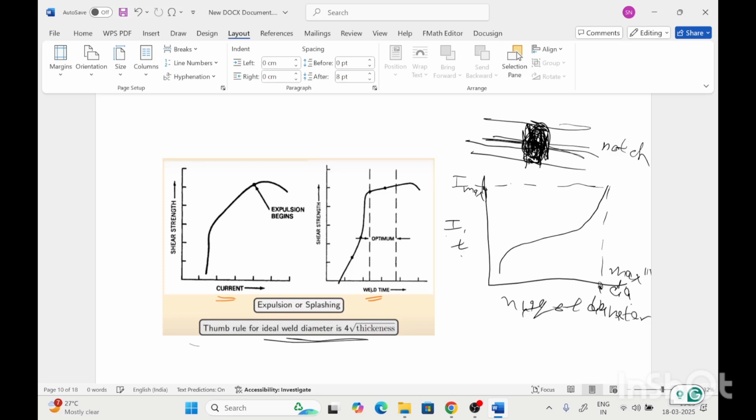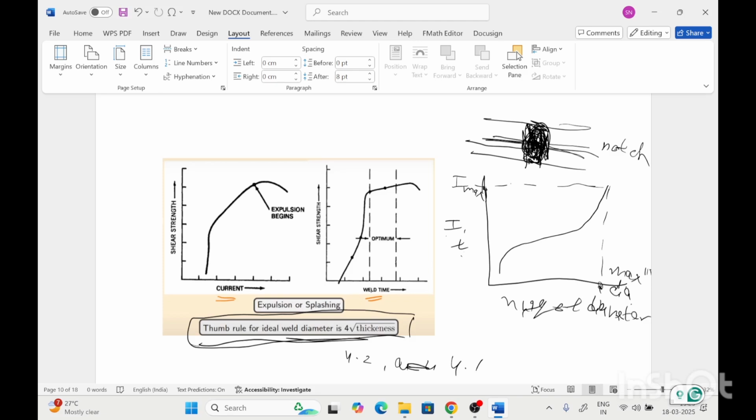So this is the thumb rule to get the nugget diameter: 4 times the square root of the thickness of the welding plates. Sometimes 4.2 or 4.1 is also used for different applications.